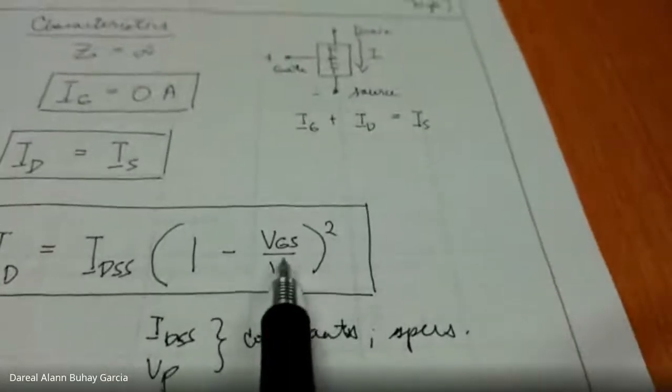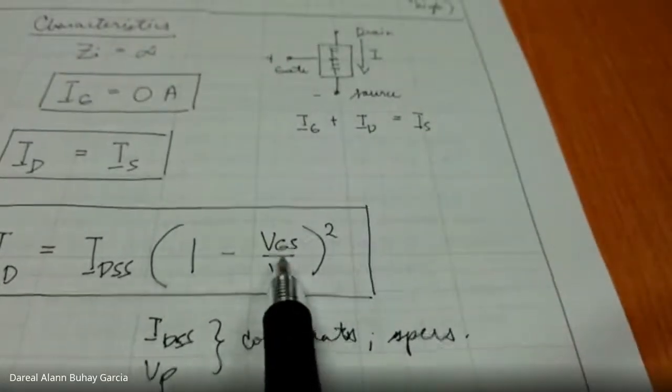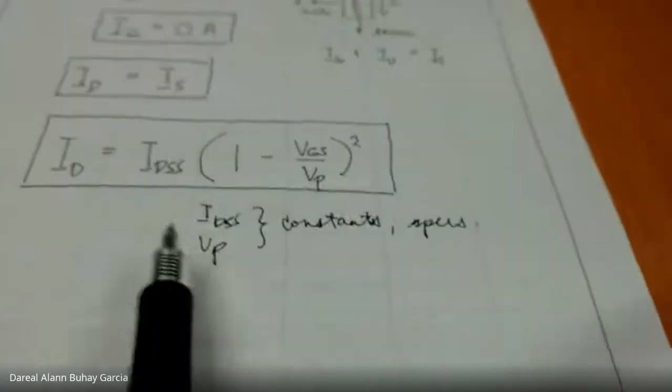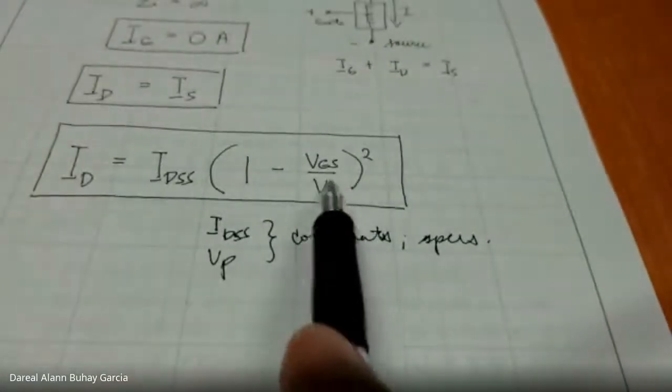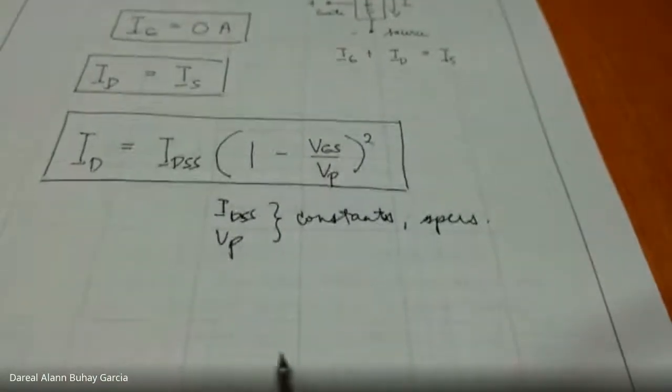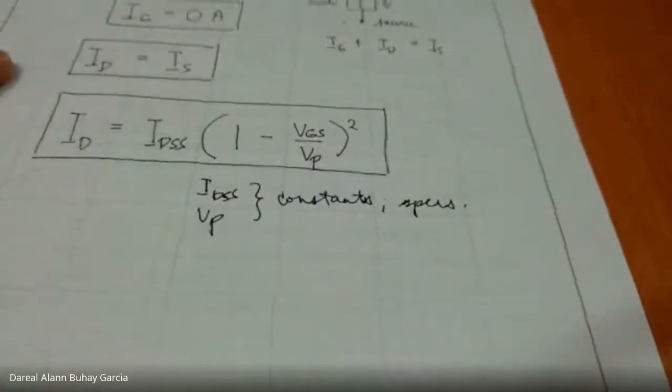So if they are constants, where do we find them? They can be found in the specification sheet. They are easy to locate in the specs. Of course, VGS is our input voltage across the gate and source terminals. Although IDSS and VP can be found in the specs, we should still know what they are.